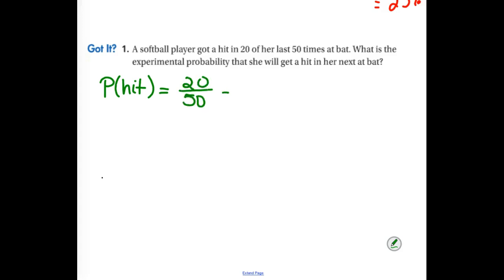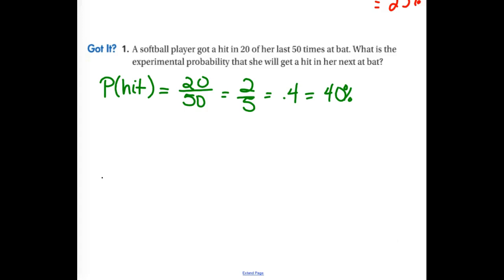That does reduce to 2/5, which would be 0.4, which is 40%. Now, do you always have to put all those different forms down? No. If it specifically asks for one version, obviously I want you to give me that. But if it's up to you, you can put it as a fraction, decimal, or percent. I don't care.